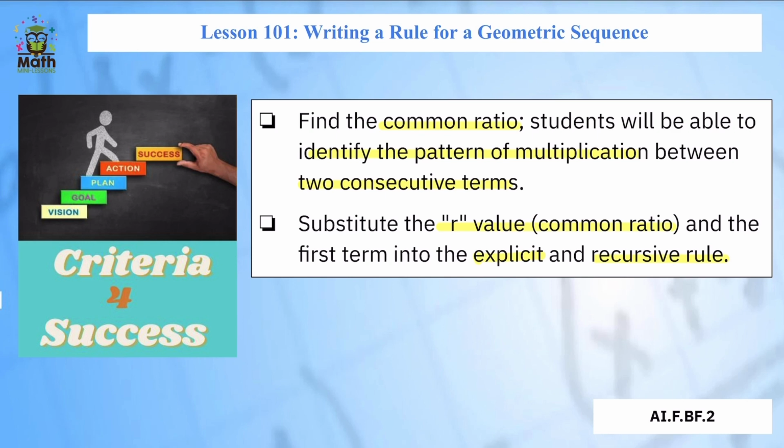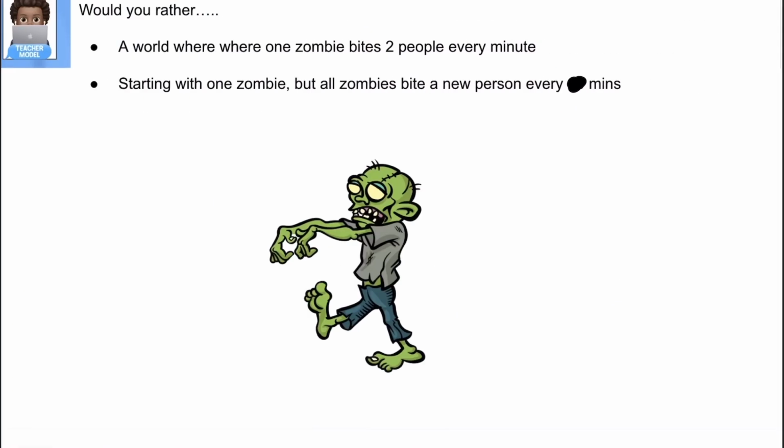So what did this have to do with zombies? Well, let's take a look. In our first situation, we have a growth pattern that's just adding by 2. So we're starting off with 1 zombie. Let's try and figure out what the first 5 numbers in the sequence would be. He bites 2 people, now there are 3 zombies. He bites 2 more people, there are 5 zombies.